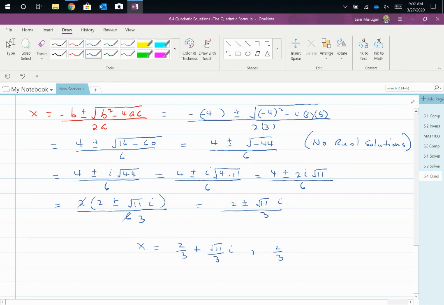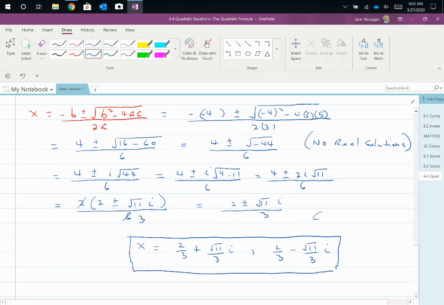What am I getting? Positive 2 over 3 minus √11 over 3 i. This is the complex form of the answer. Remember, the complex form of a complex number is a plus bi.